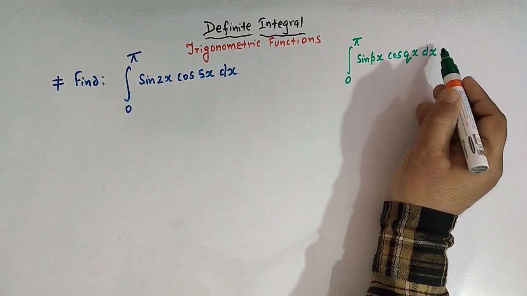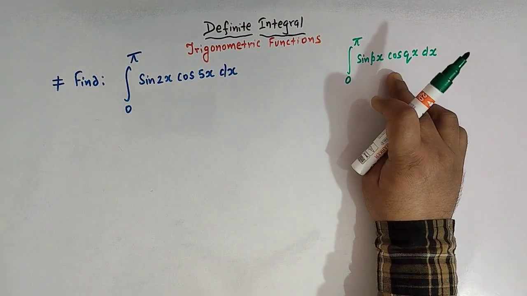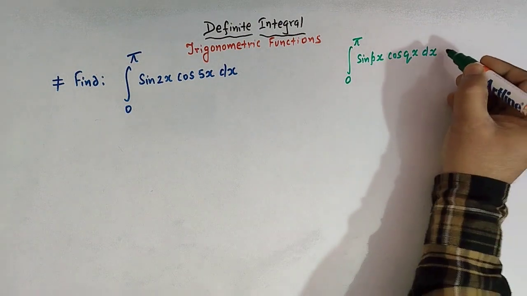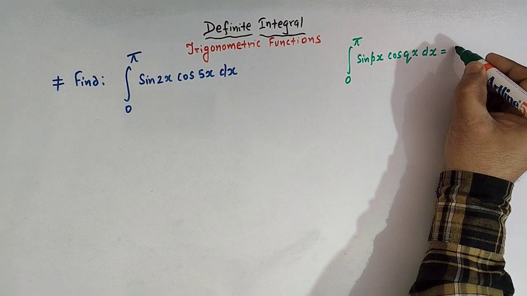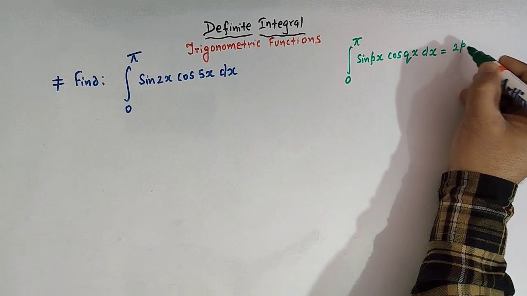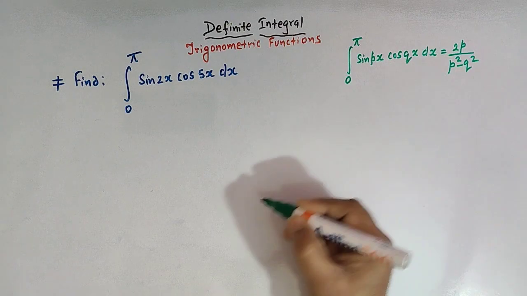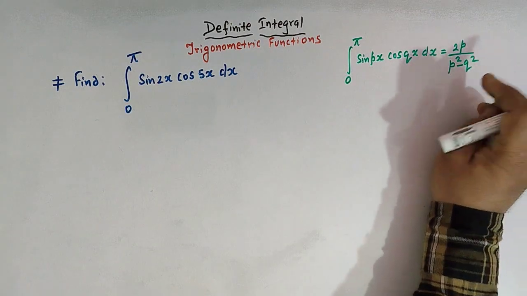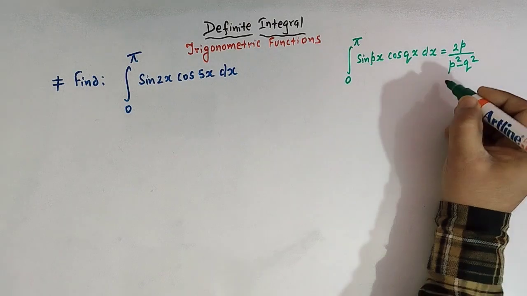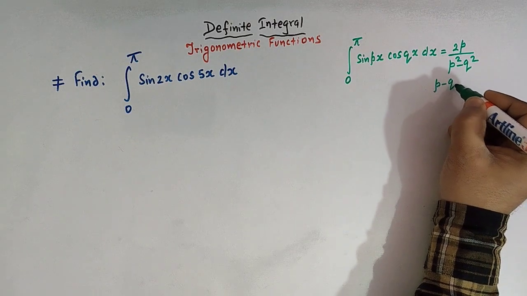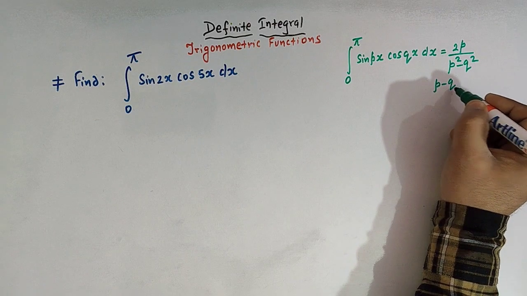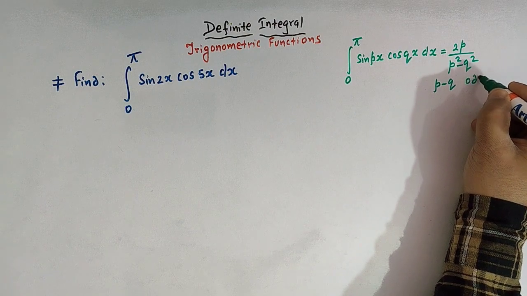When we come across this type of integral, the direct value of this integral can be written as 2p divided by p square minus q square. Here we have one condition: p minus q, the difference of p and q, must be odd.